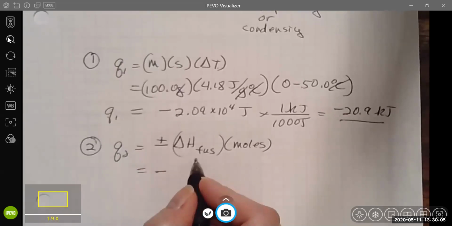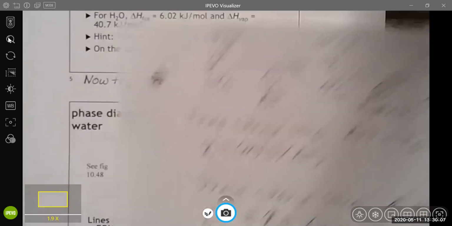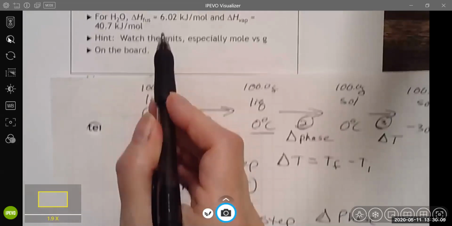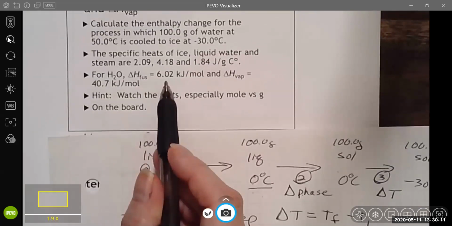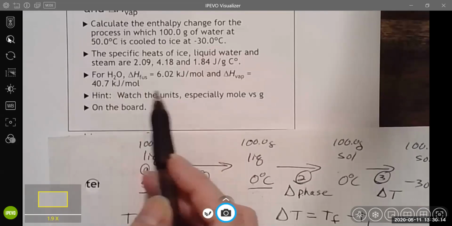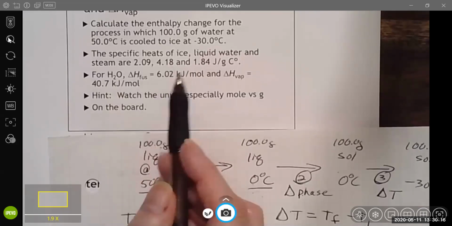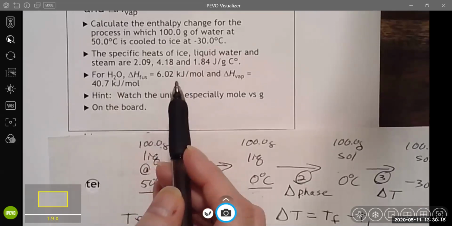Now my delta H of fusion was given in the problem over here. It's got to be given. These are different for every substance. These are all for water. Every substance has its own set of these. So it's 6.02 kilojoules per mole.